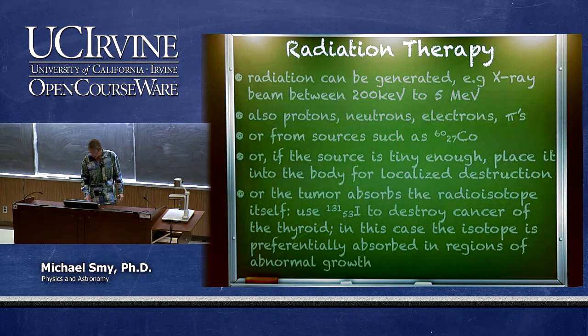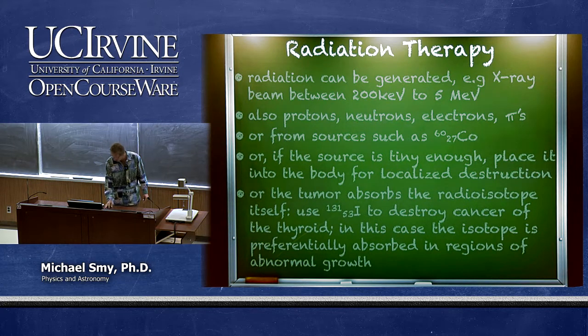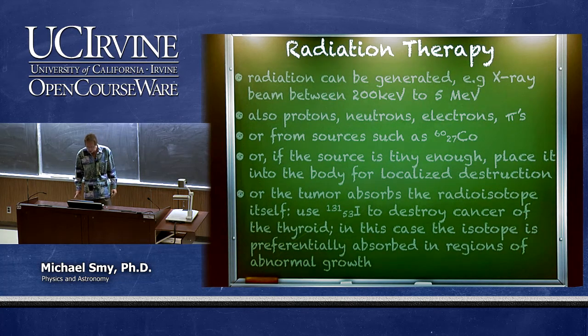And yet another alternative is if the tumor is in an organ that absorbs a certain type of chemicals, then one can use a radioisotope in those chemicals to target the destruction. A perfect example of that is the usage of iodine-131 to destroy cancer of the thyroid.